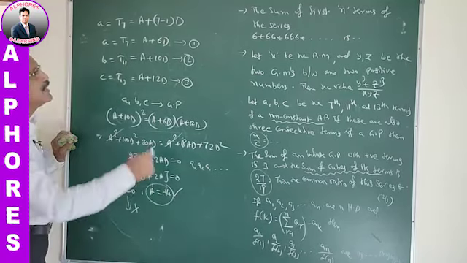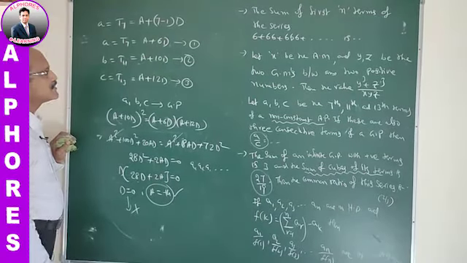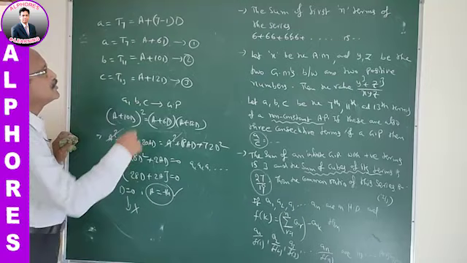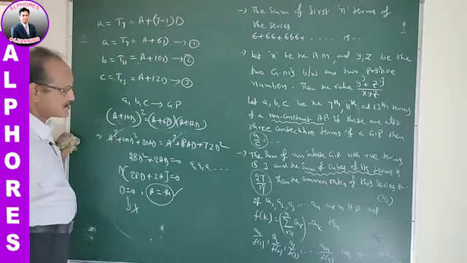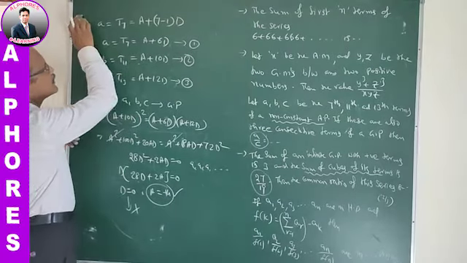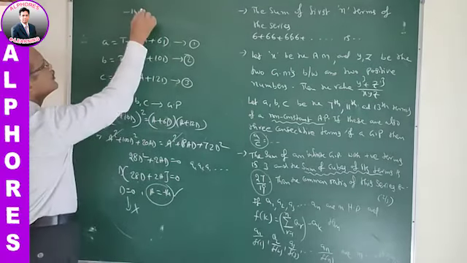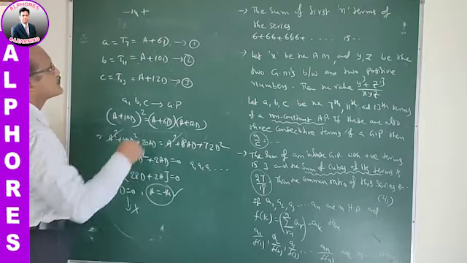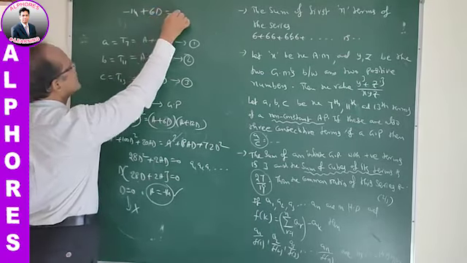Substitute A value minus 14 in the equation, whichever equation it may be. Then you will get the D value. Substituting A value minus 14 in this equation, then you will get... 6D is equal to small a.